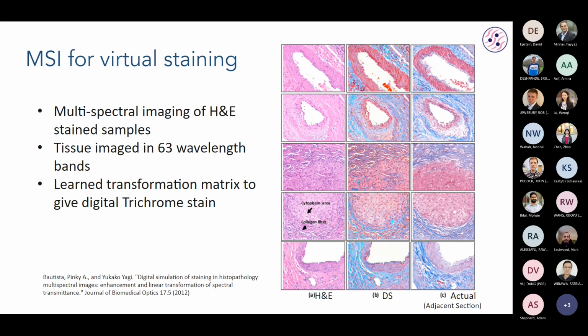So sorry, what's the digital stain that they have generated? It's called Masson's trichrome, is the one they're trying to imitate, and which is the one that you see on this right-hand column. This is the actual histochemical staining using that. Does it highlight the tumor?